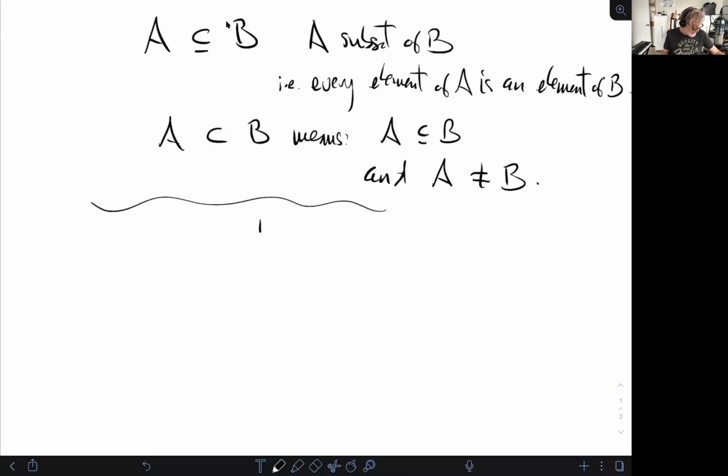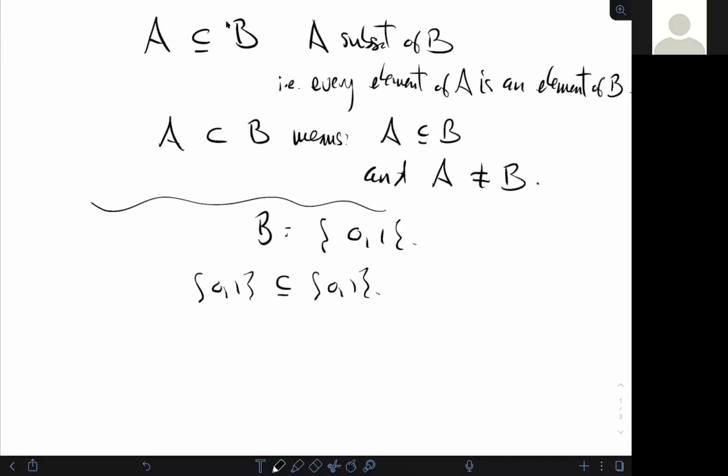Okay, let's take an example. B is {0, 1}. Then {0, 1} is a subset of {0, 1}, right? Every element in the left-hand set is an element of the right-hand set. But it's not a proper subset because they are equal.